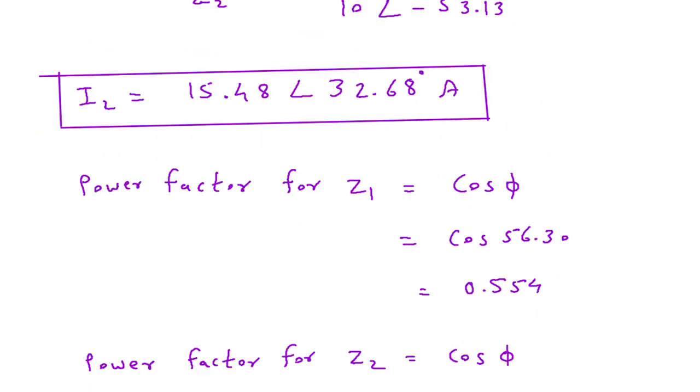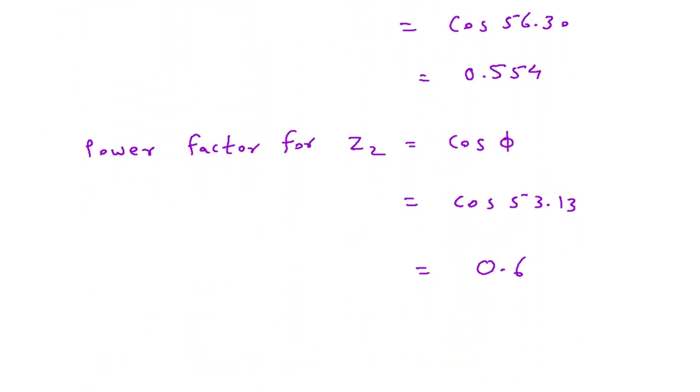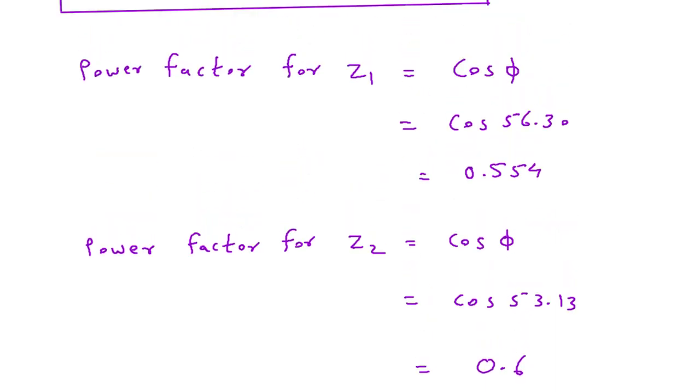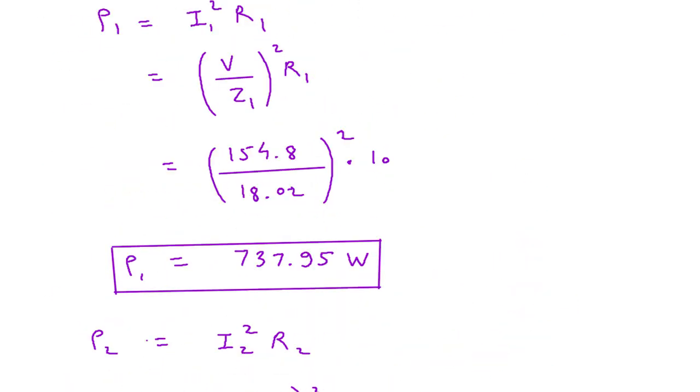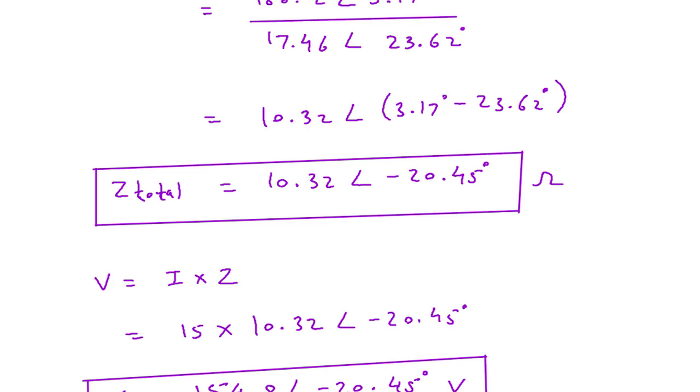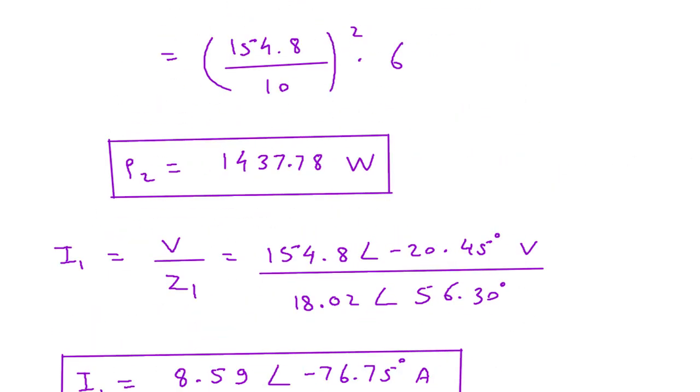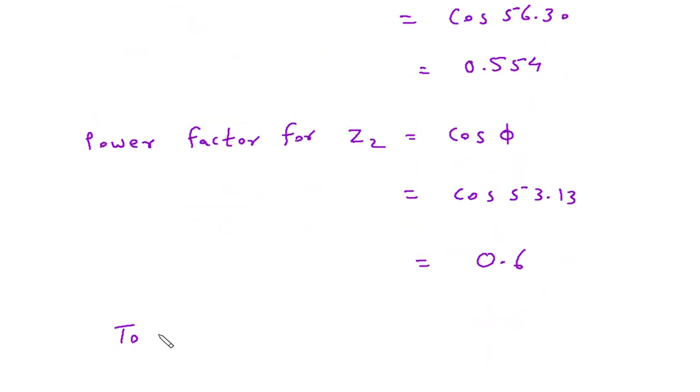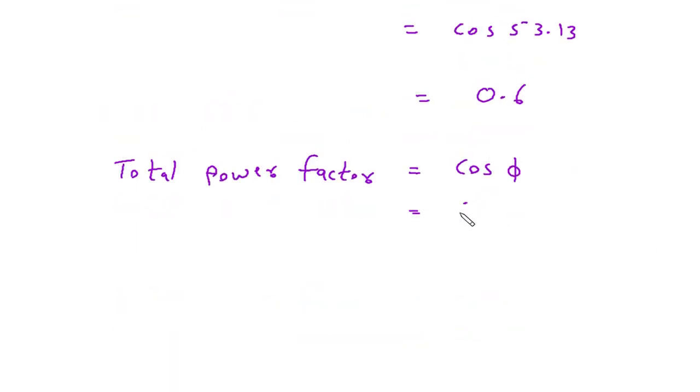Then we have to find the combined power factor. To find the total power factor, the angle will be this 20.45. Total power factor will be equal to cos phi, which is cos of 20.45.